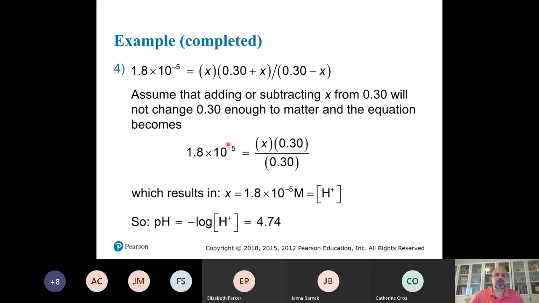So the equation simplifies quite a bit. We end up with 1.8 times 10 to the minus fifth equals X times 0.30 over 0.30. So these 0.30s are going to cancel, and we're going to result with X equal to the Ka, which is equal to our proton concentration.